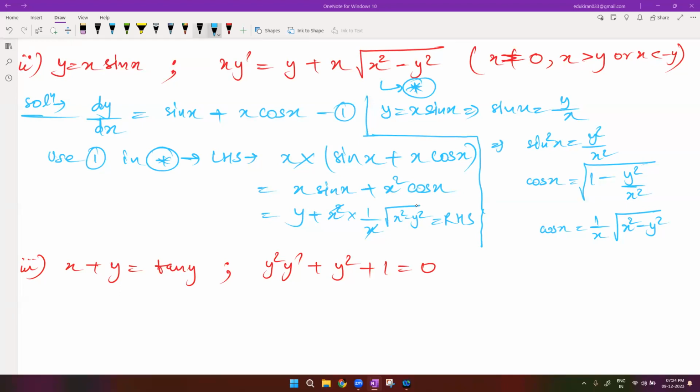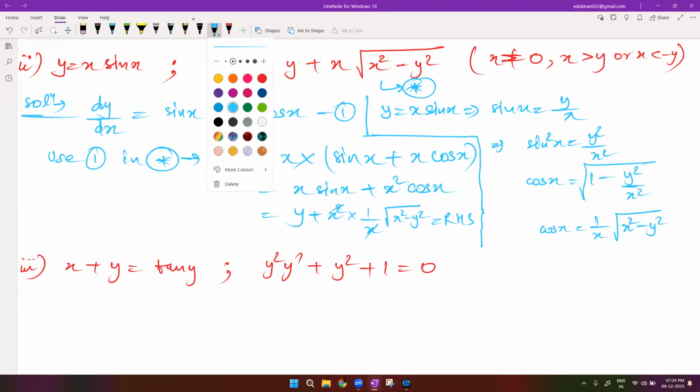Guys, are you able to solve this one? Okay, x plus y is equal to tan y, right?